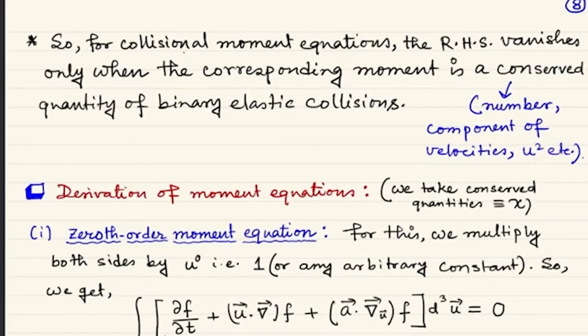For the collision-less Boltzmann equation, this is always 0. For the collisional Boltzmann equation, the right hand side is 0 only after integration if they are multiplied by this type of things or any other conserved quantity of a binary elastic collision.